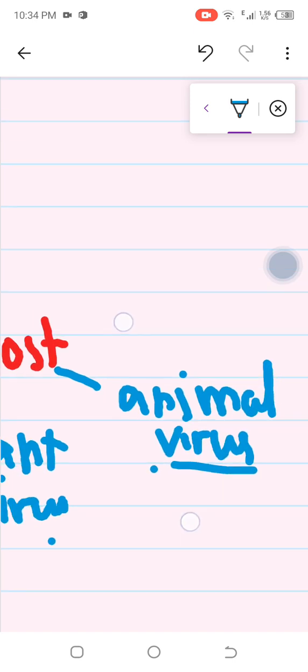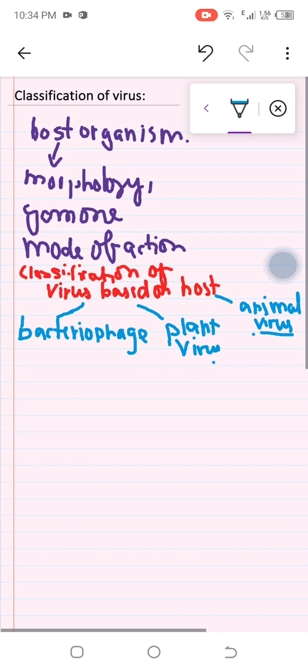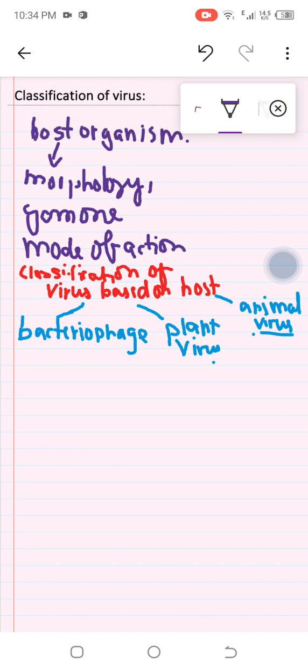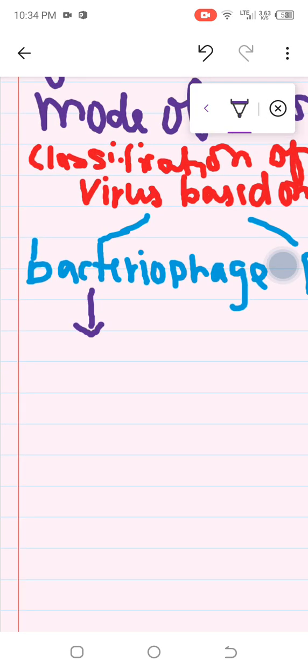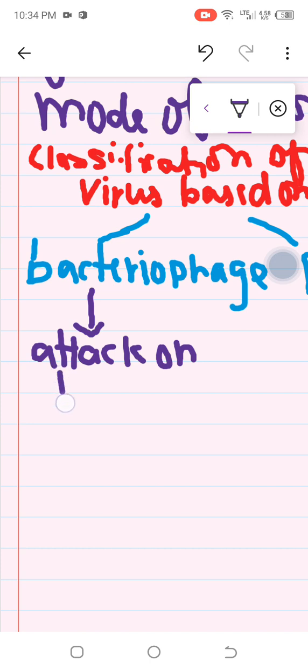So these are the three classes of virus based on host. Now, talking first about bacteriophage: the bacteriophage is the virus which attacks bacteria.